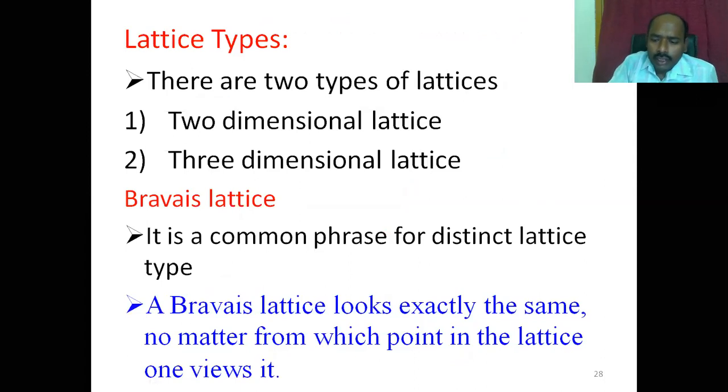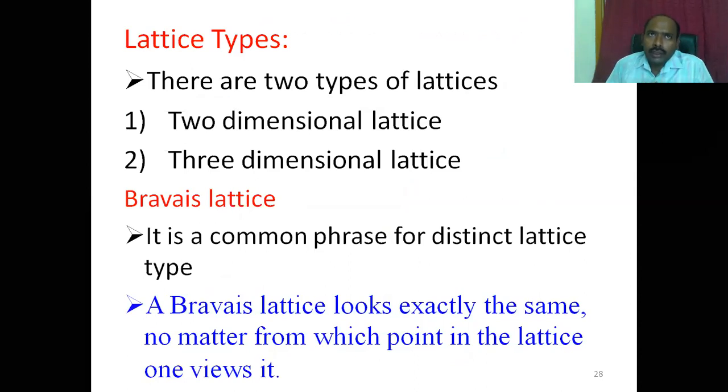Next, lattice types, that means 2D lattice and 3D lattice, we will see in the next class. But what we have learned now: symmetry operations.